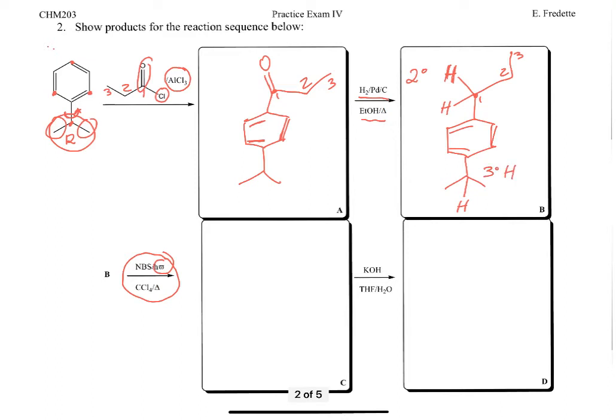Since NBS, N-bromosuccinimide, is selective for the more highly substituted benzylic and allylic position, this is the hydrogen atom that will be selectively replaced with a bromine atom during benzylic bromination. Therefore, the product will be a tertiary benzylic alkyl bromide.